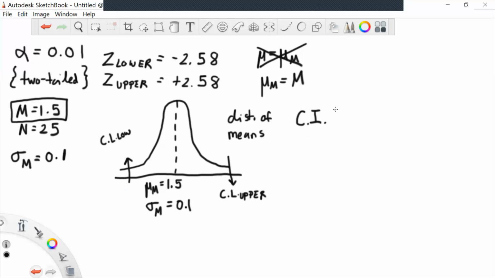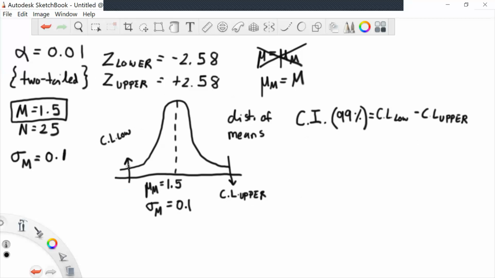Confidence interval, CI, then in parentheses, in this case because it's a 99% confidence interval problem, and we know that because it's a 0.01 significance threshold. It's always going to be a range of values starting from the lower confidence limit all the way to the upper confidence limit.